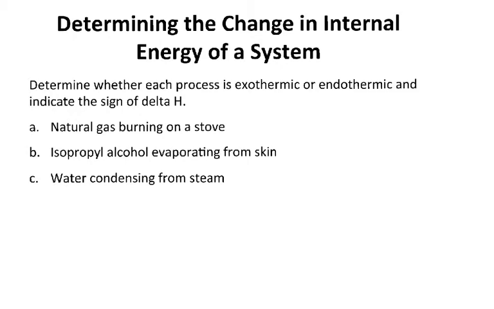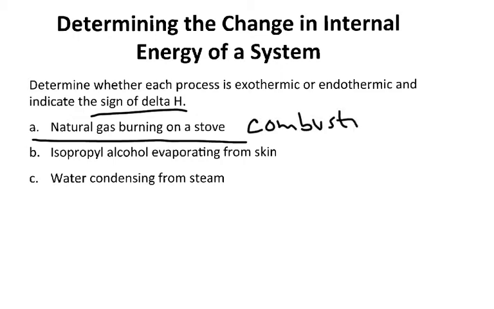So let's apply this idea. We're going to determine whether or not each one of these processes is exothermic or endothermic, and we're going to figure out the sign of enthalpy. So let's think of A. A is natural gas burning on a stove. So natural gas burning on a stove is a combustion reaction.